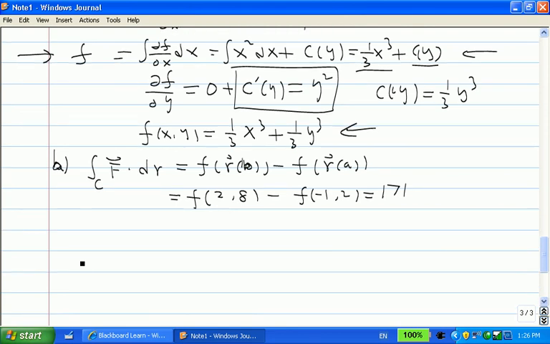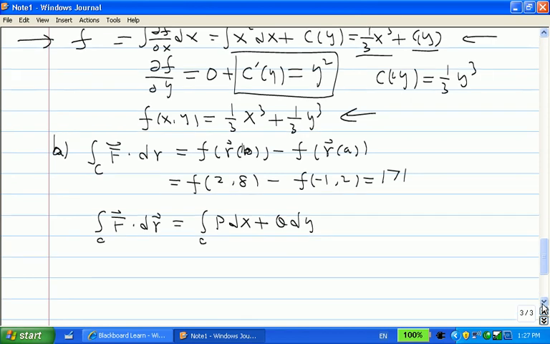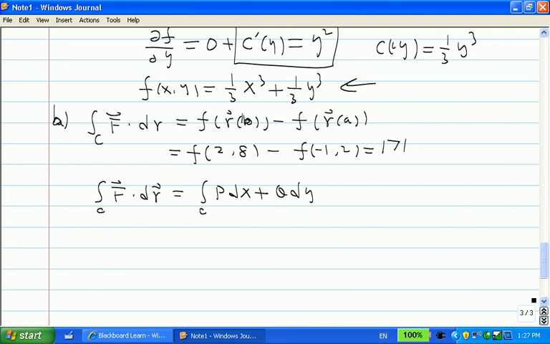Now let's do that again. We know how to do this, right? By what we learned in section 17.2, this is the integral over C of P dx plus Q dy. For this case, my P here is x squared, dx, and my Q here is y squared, dy.